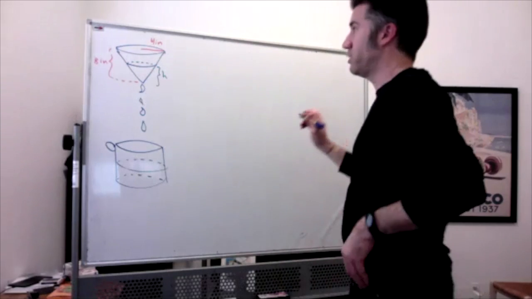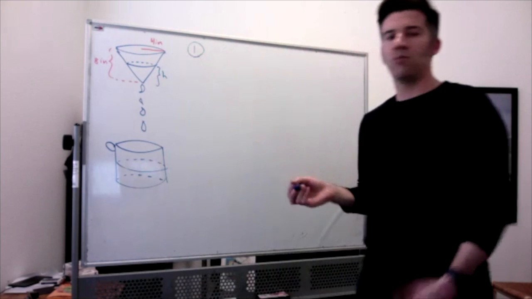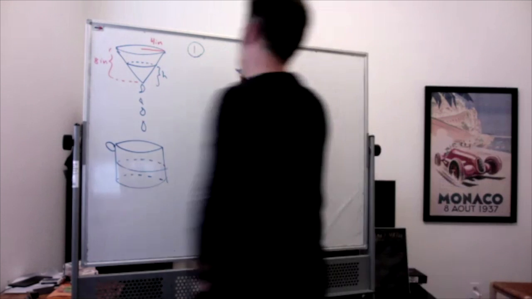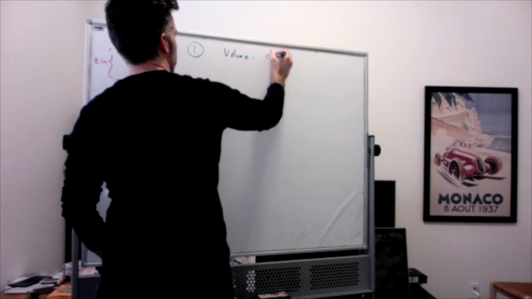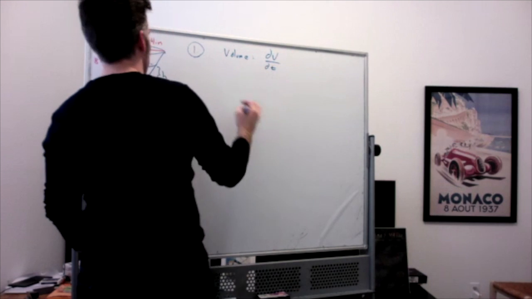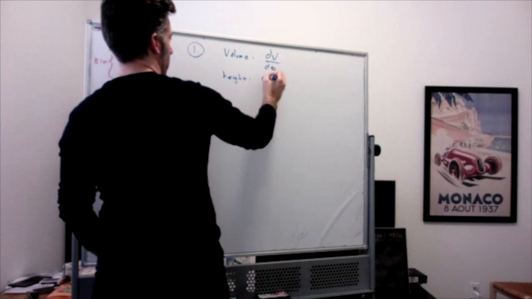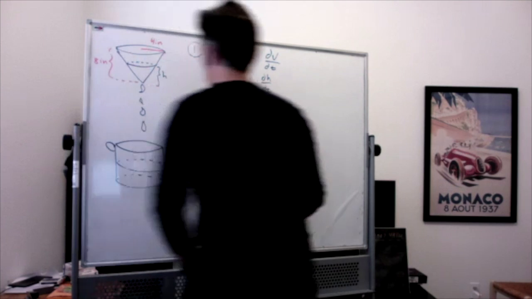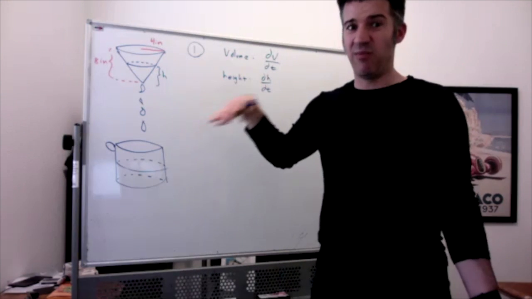So back up, James. Process. What's changing? Volume is changing. Height of the water is changing, also known as the liquid level. The radius of the surface is also changing, but I'm not interested.